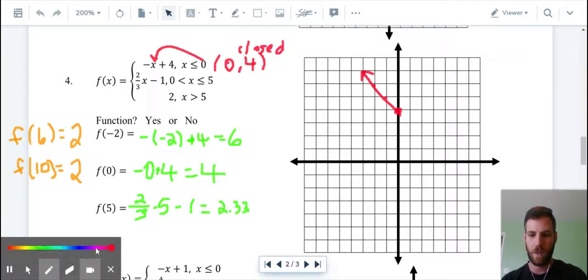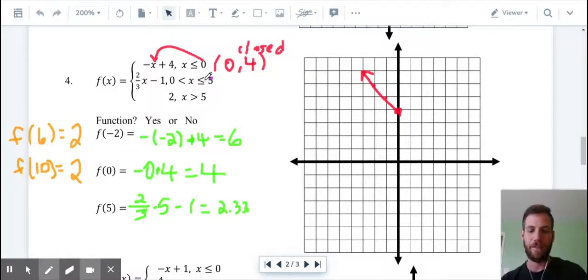Moving to function number 2, we have 0 and 5 as our border numbers. So we need to get both of those. If I put a 0 into my equation, that would end up with 0, -1. And that's going to be open because of this less than sign. So 0, -1 is going to be an open circle. And our second point, 5, if I put it in, we already know what that equals, 2.33.